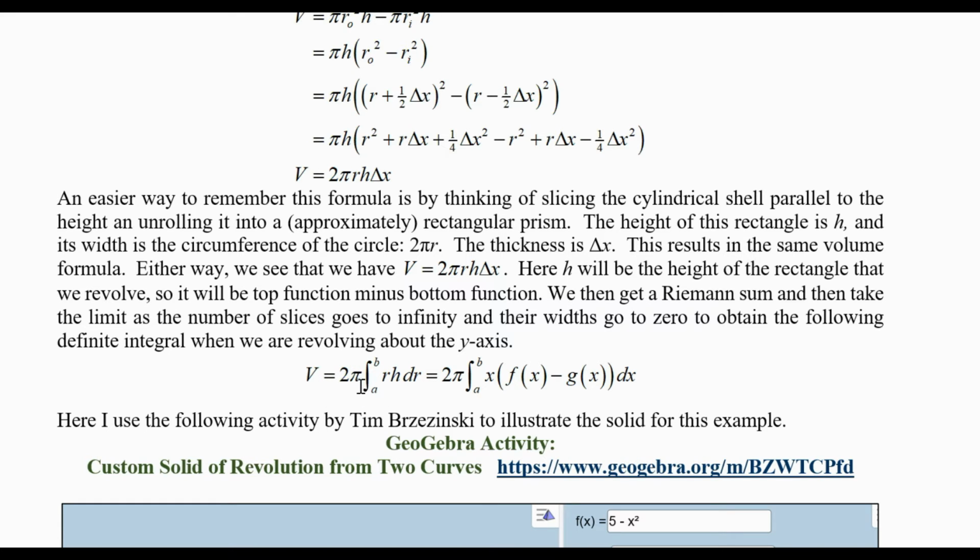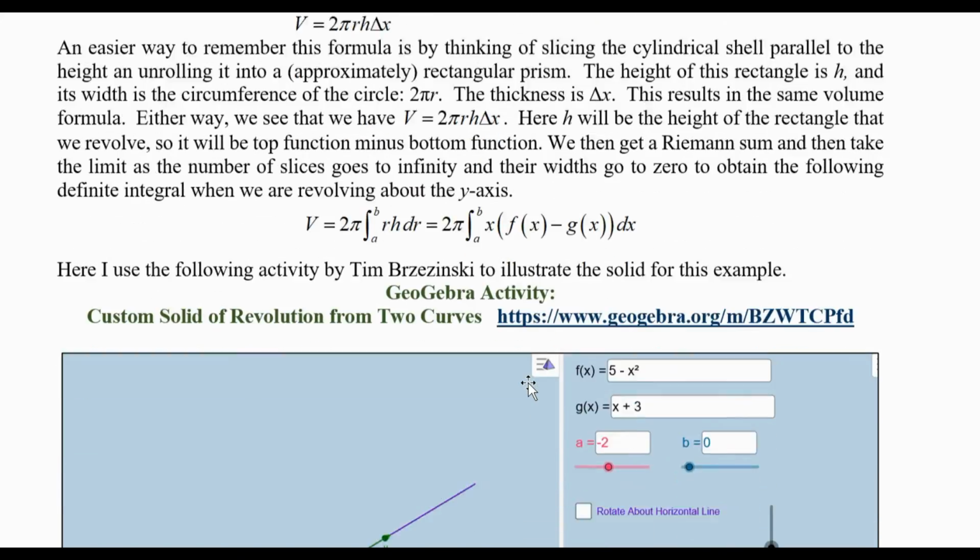So the volume is 2 pi times the integral from a to b of r h, I'm going to call it dr. It depends on which way the radius is going, but in our case it's dx. So if you're revolving around the y-axis, the radius would just be x, assuming your region's on the positive side of the y-axis, and you revolve around. But that's just the radius, and then the height is the difference in the two curves.